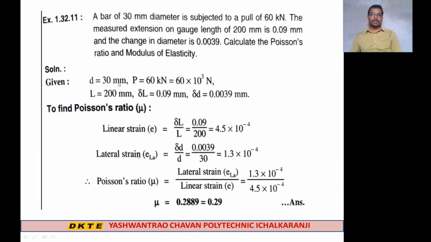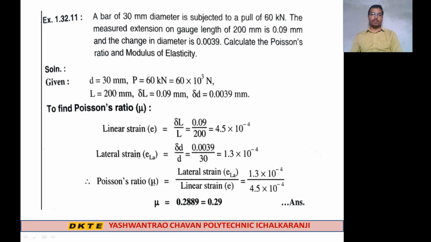D is given 30 mm, P is equal to 60 kN, that is 60 into 10 raised to 3 Newton. L is equal to 200 mm. Delta L, the change in length, is equal to 0.09 millimeter, and the change in diameter is 0.0039 millimeter. What is asked? Poisson's ratio, that means mu, is asked.